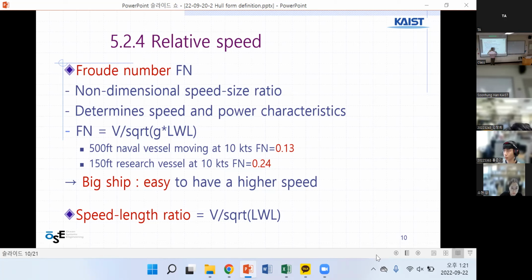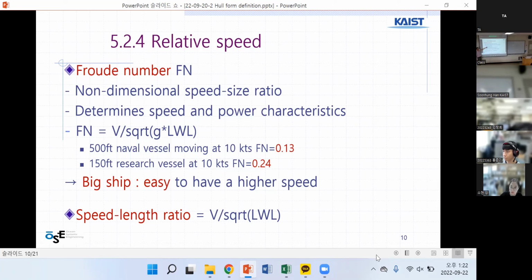That's why we say size is important. Not only speed. Small fish look very fast, but they are not fast in that sense. It determines speed and power characteristics. So we need to know what engine should be used for my design.